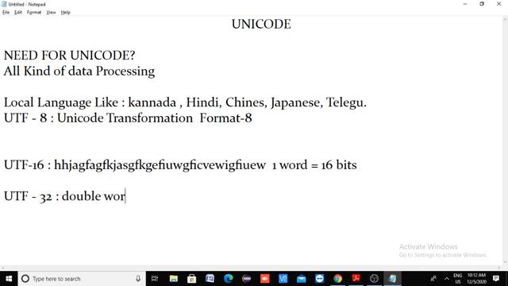A double-word-oriented format has all Unicode characters represented as a fixed length encoding of 2 words. One word equals 16 bits, so 16 plus 16 is 32 bits. This 32-bit code unit encodes each character.